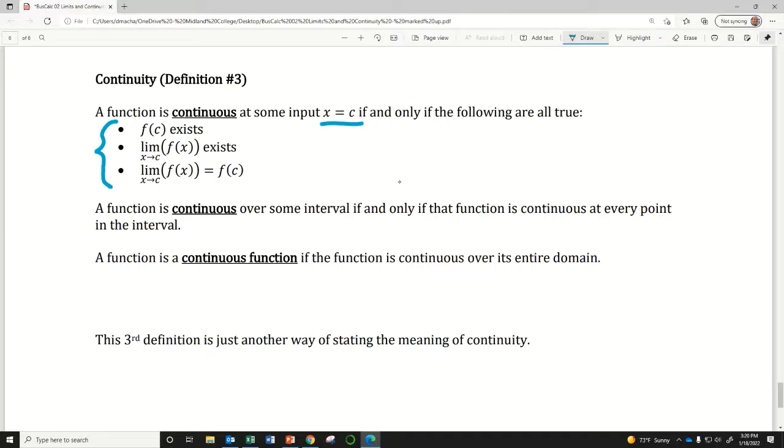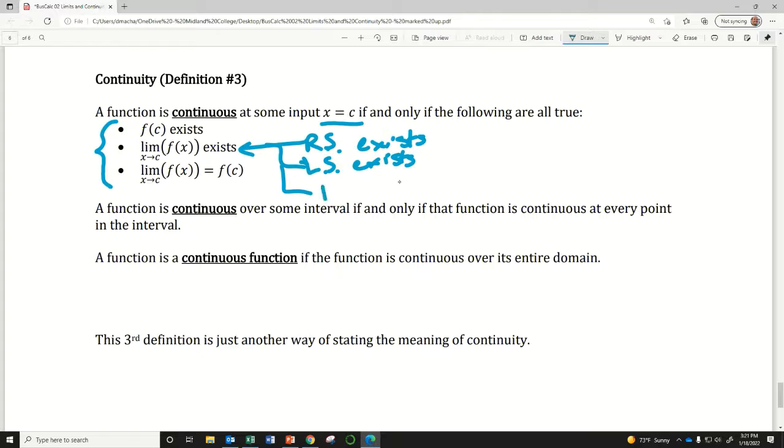Number two, the two-sided limit as x approaches c of your function has to exist as well. And remember, for a two-sided limit to exist, that means that the right-sided limit exists. That also implies that the left-sided limit exists.